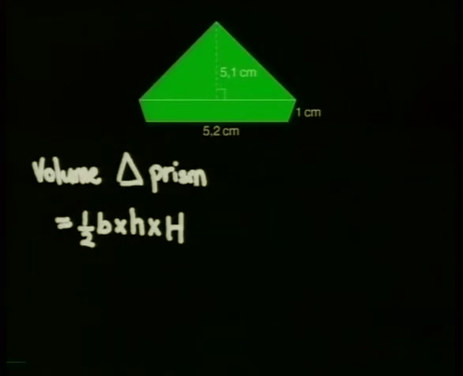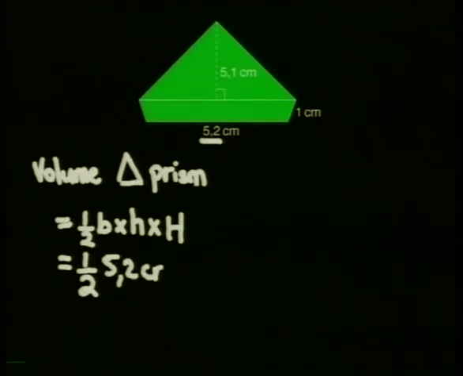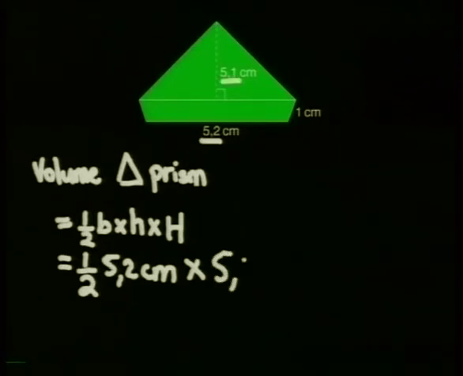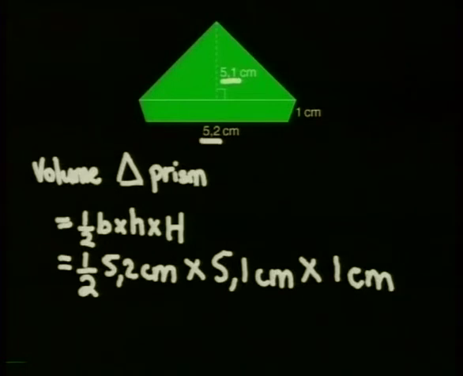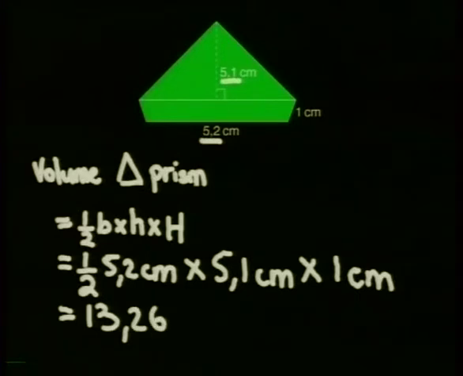So we have half multiplied by the base of the triangle, which is 5.2 centimeters, multiplied by the perpendicular height from the base, which is 5.1 centimeters, multiplied by the height of the triangular prism, which is 1 centimeter, which equals 13.26 centimeters cubed.